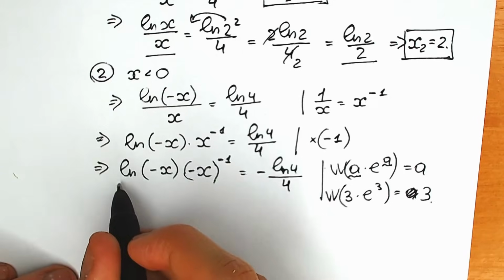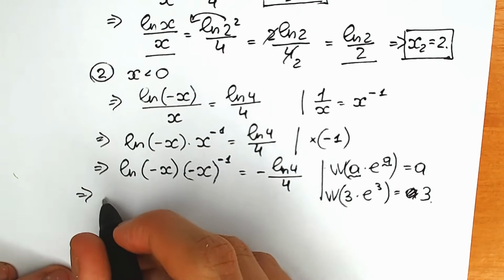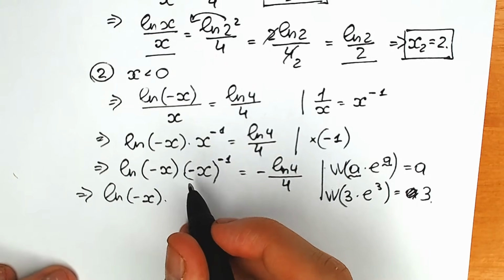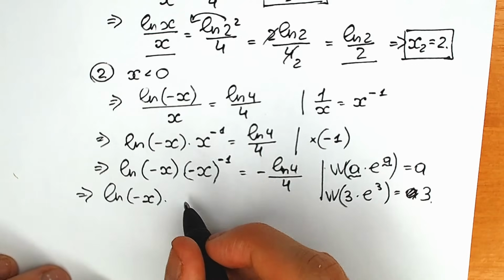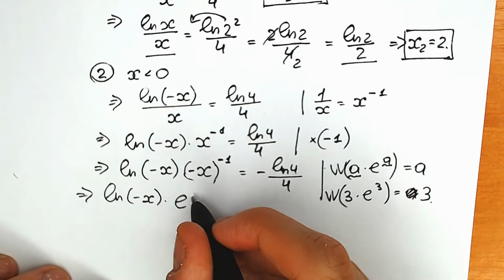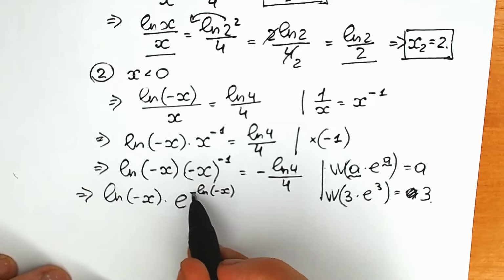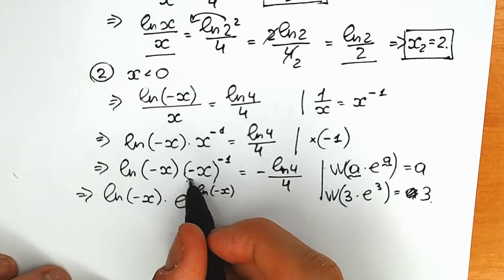And right now I'm going to leave this expression without any changes, so the same beginning, natural log of minus x, but instead of this minus x to the power minus 1, I'm going to write the next thing, e to the power minus natural log of minus x. When we put this minus right here, because of this natural log, we can easily cancel our e and natural log, so as a result we have absolutely the same thing.